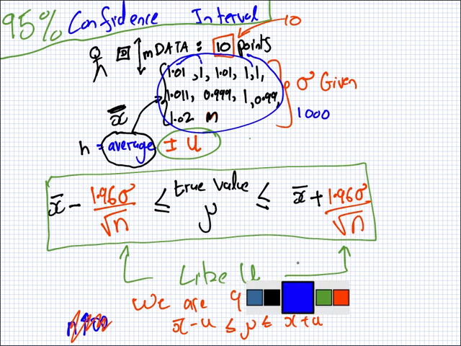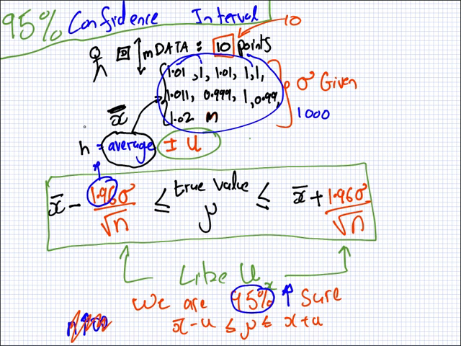So the reason for the 1.96 is so that we can be 95% sure that this is right. If you want to be more sure, then this will be bigger. Yeah, the same as what was learned at high school. Yeah, okay, good. 95% sure.